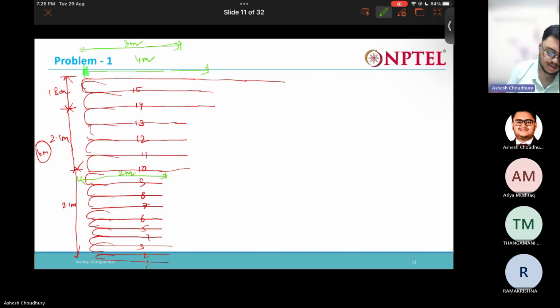All right. So these were the different lengths of reinforcement that we provided.